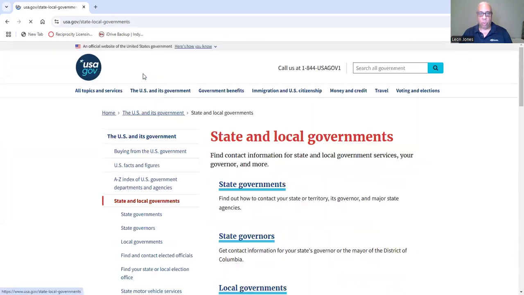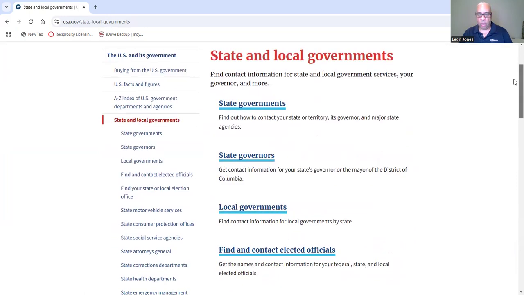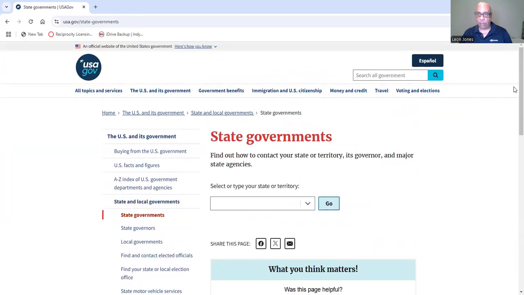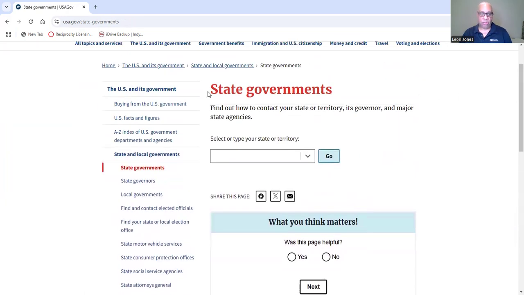Now, you also have state and local governments as well. And again, your state governments are set up the same way. Your county governments are also set up the same way.